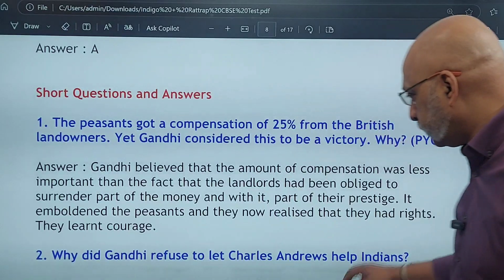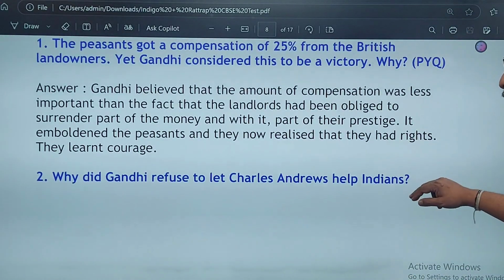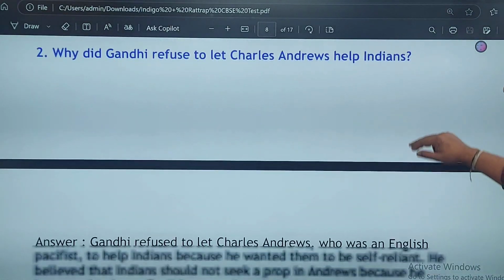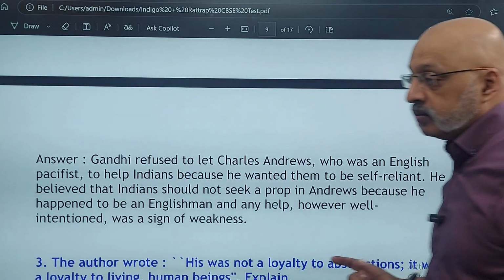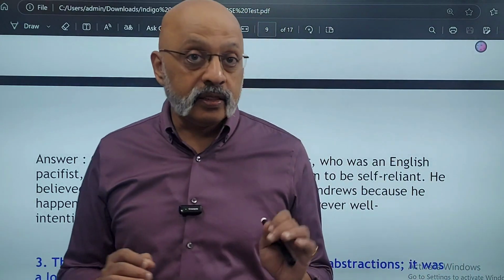They learned courage. Why did Gandhi refuse to let Charles Andrews help Indians? Gandhi refused to let Charles Andrews, who was an English pacifist, help Indians because he wanted them to be self-reliant. This is again an important element in the story.